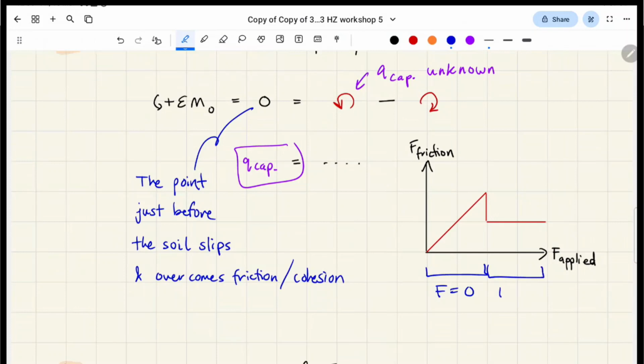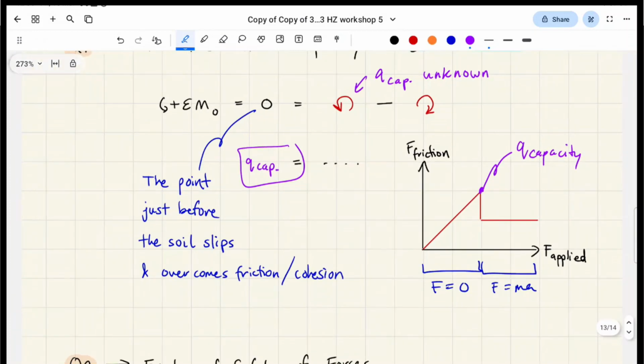Here's where we have things which are moving, F equals ma. So the point that we were calculating was basically here, just before the whole system starts to slip and move, right? And our resisting soil pressure is going to try to match that, essentially. That's what static equilibrium is, right? So that's how question one worked.